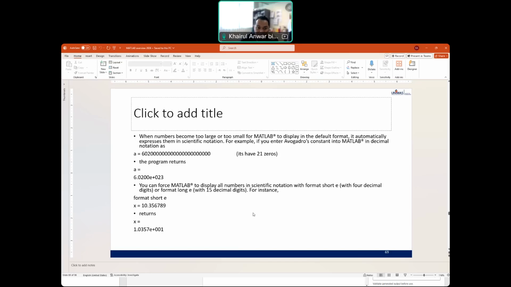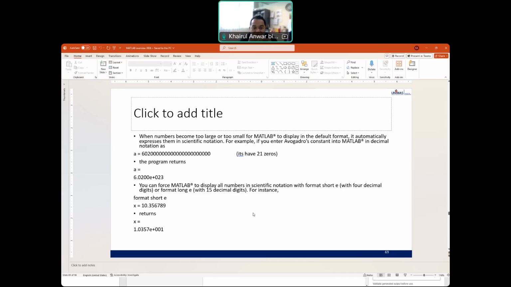points. When a number becomes too large or too small for MATLAB to display in the default format, it will automatically express it in scientific notation with the exponent.